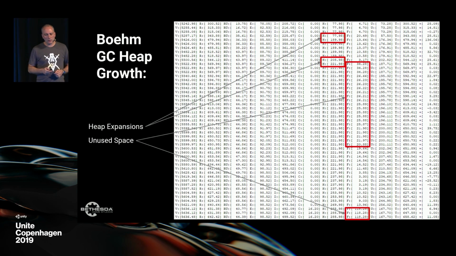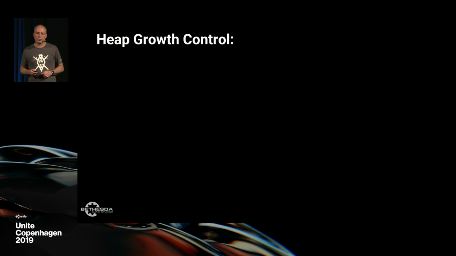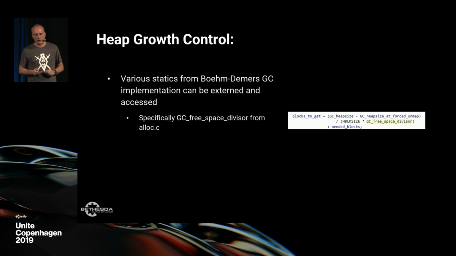So one thing that can be done is to try to control that growth increment. If you take a look at the actual code of the garbage collector, there's a particular point that makes a decision when to garbage collect versus grow the heap. There's one specific global in there, GC free space divisor, that you can, once again, write a native plugin and extern and modify.